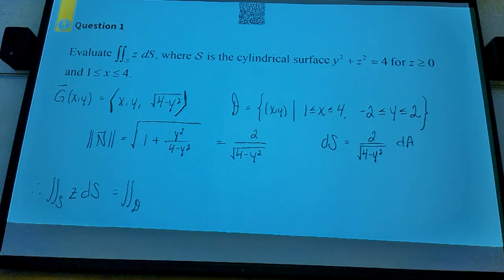So we can take the double integral over D, evaluate your integrand along g. Well, the integrand is just z, isn't it?